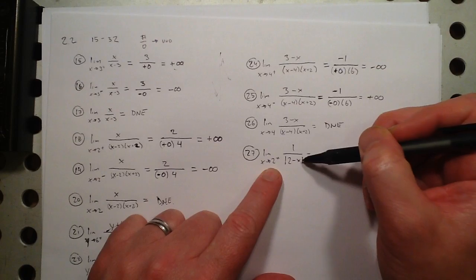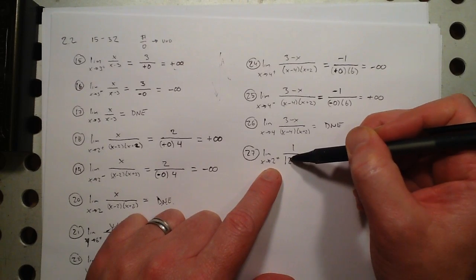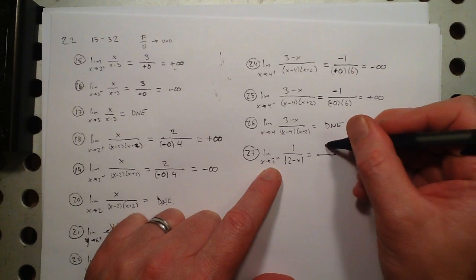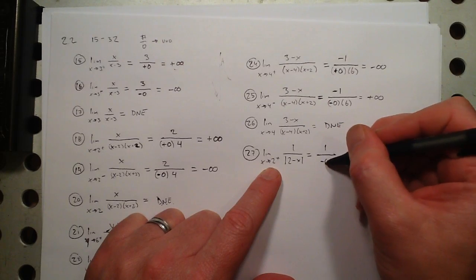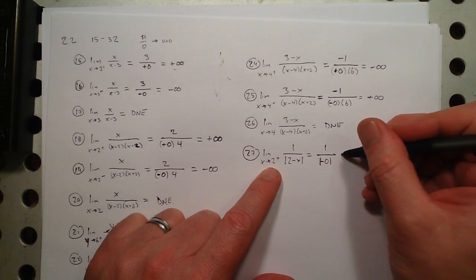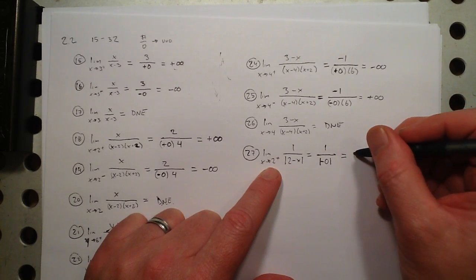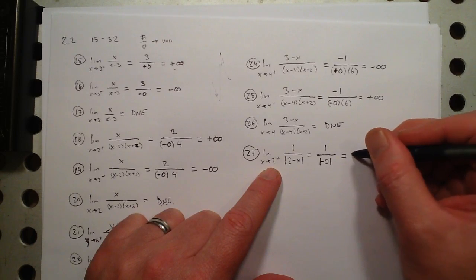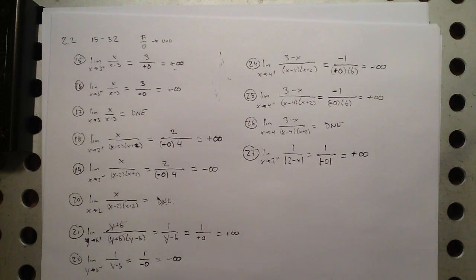So here I'm plugging in something that's a little bit bigger than 2, so that means 2 minus something a little bit bigger than 2 would be very close to 0 but negative. But since that's an absolute value sign, that's going to get rid of that negative sign, and we'll be approaching positive infinity. And if they asked us about the other side, because of the absolute value signs, the other side would also be positive infinity.